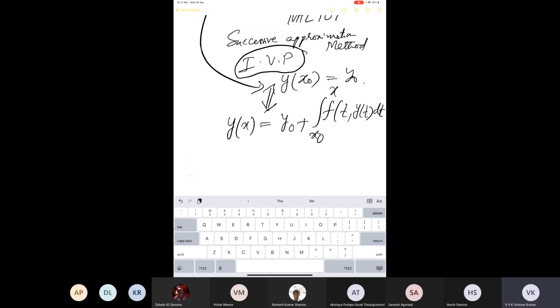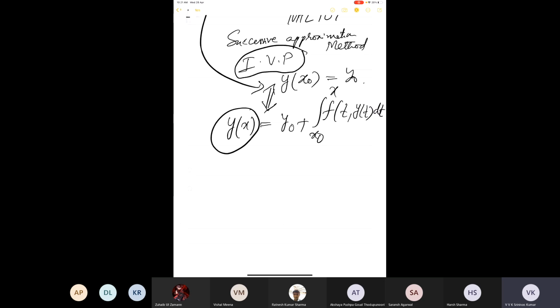So we have an unknown here also. This is an integral equation, and f is non-linear.